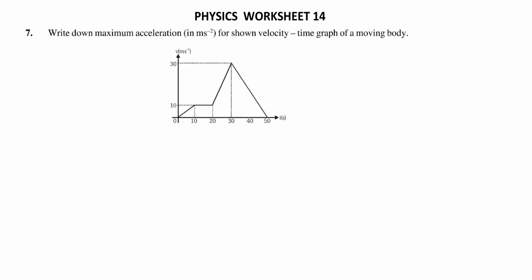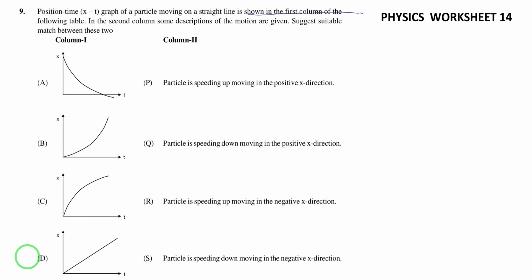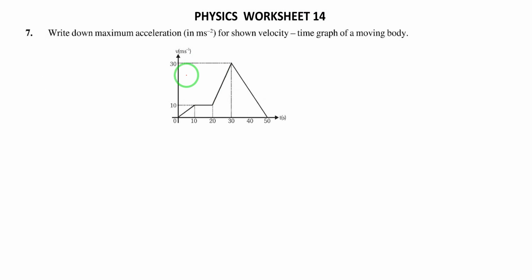Question number 7. What is the maximum acceleration in the shown v-t graph? On the v-t graph, where the slope is highest, the acceleration will be highest. And clearly, this is the section where you see the slope is highest compared to this one. So how much is the slope?